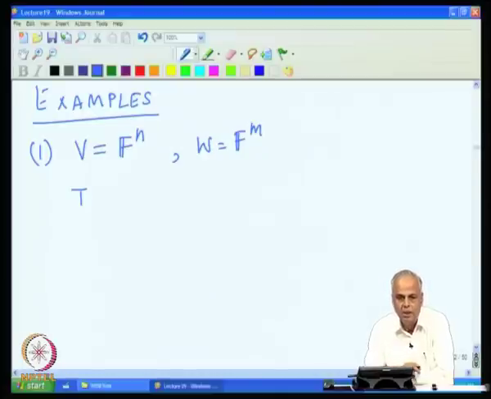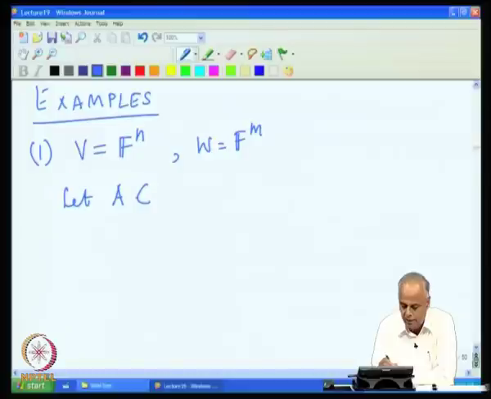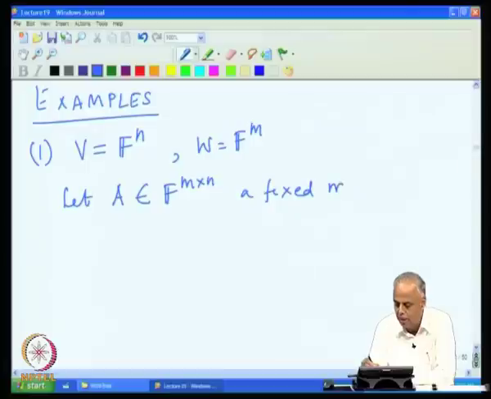In the last lecture, we saw any m by n matrix will generate a linear transformation from Fn to Fm. So, let us now consider a fixed m by n matrix A with entries in F.